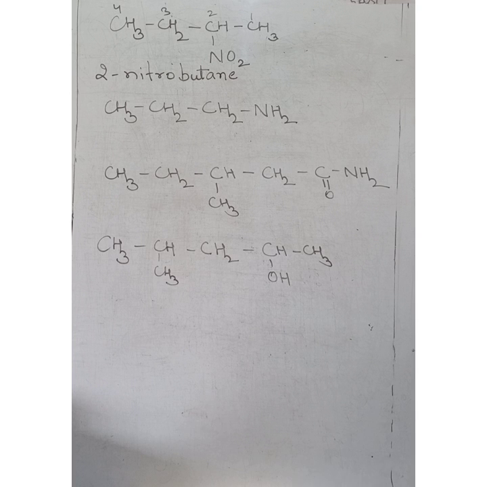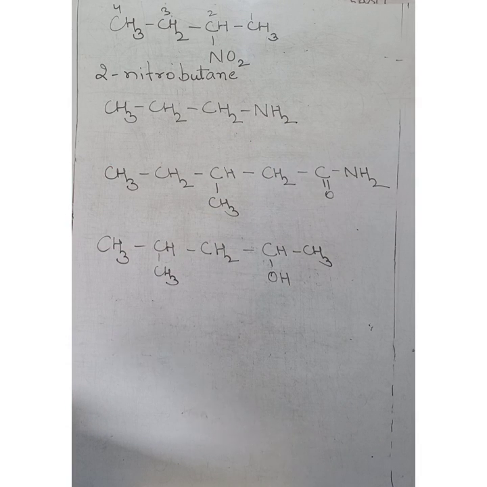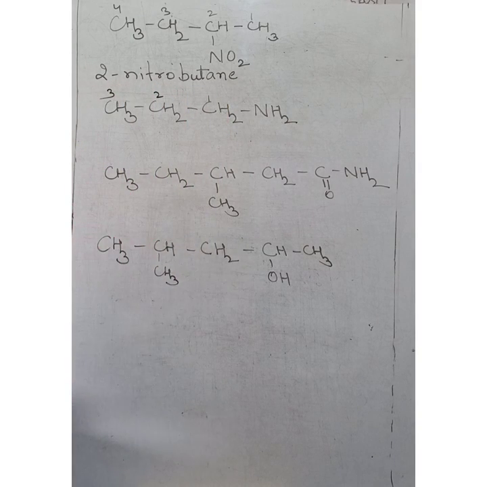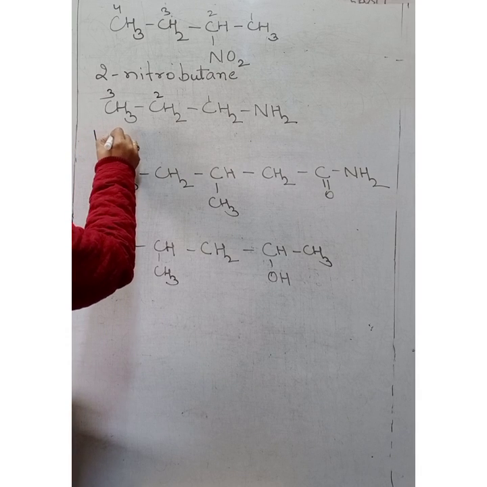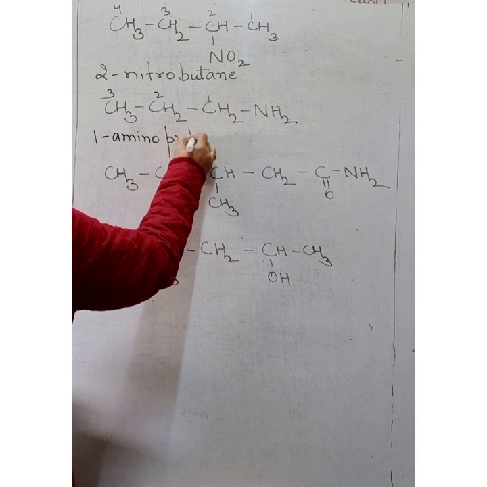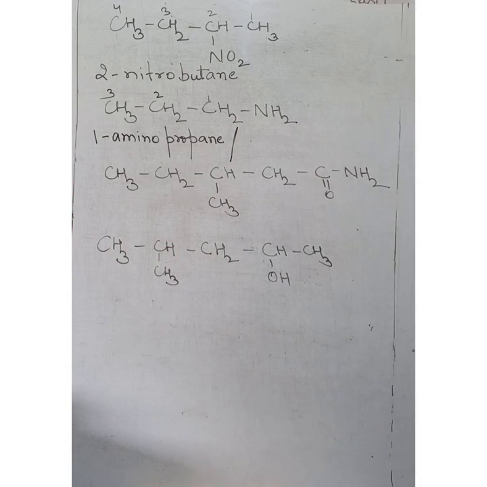So 2-nitrobutane. Similarly, in this case NH2, amine, is the functional group. So select the longest chain containing the amine. Number the carbon chain in such a way that the functional group gets the lowest number. Now name it. If I am using a prefix, 1-amino, prop plus primary suffix ane, propane. Now if I don't want to use a prefix for this functional group, I can go for a suffix also.